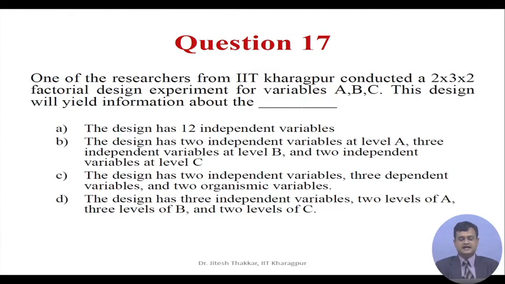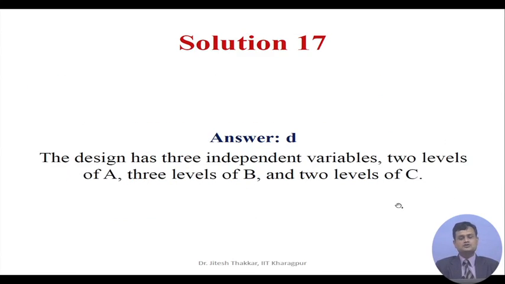B, the design has 2 independent variables at level A, 3 independent variables at level B and 2 independent variables at level C. C, the design has 2 independent variables, 3 dependent variables and 2 organism variables, and D, the design has 3 independent variables, 2 levels of A, 3 levels of B and 2 levels of C. The solution is D.